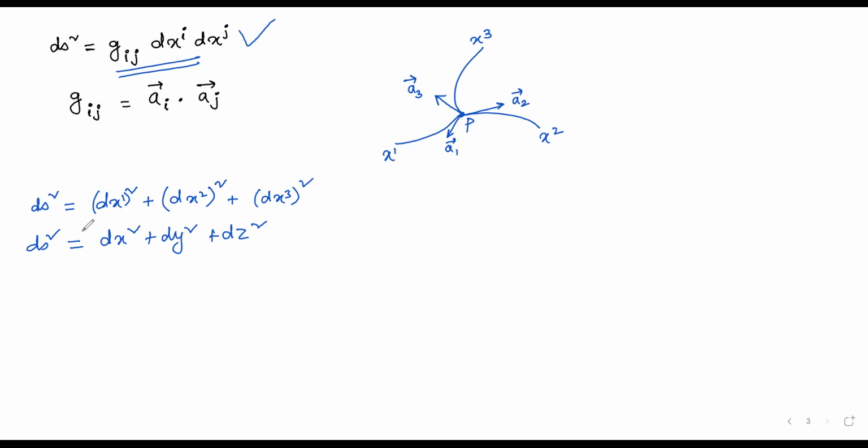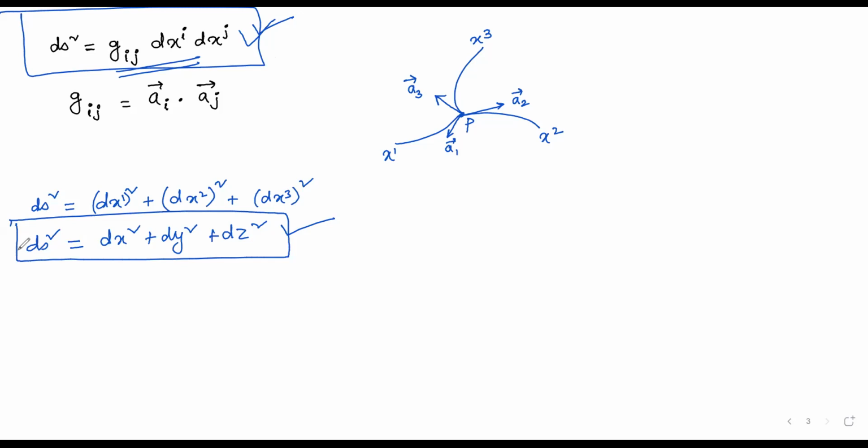Is it clear? Are you getting the point? Now, if you compare this equation and this equation, this means g11 dx1 whole square plus g22 dx2 whole square plus g33 dx3 whole square.